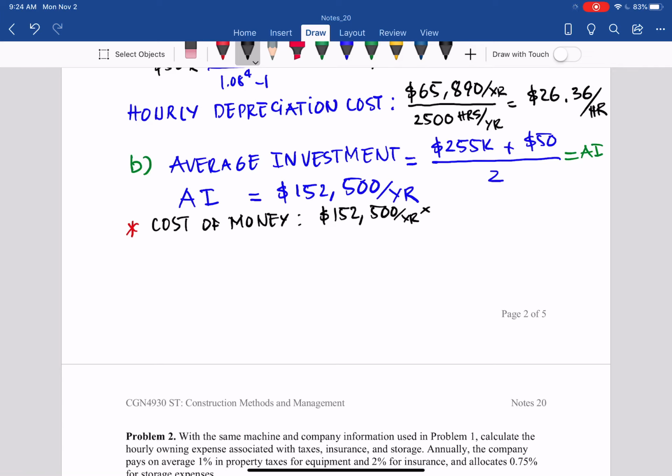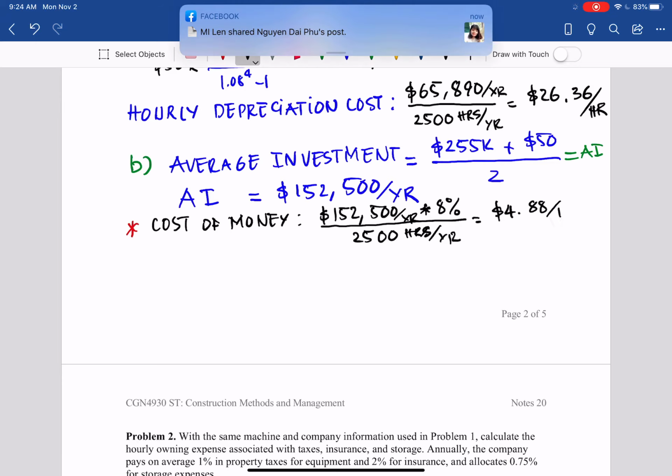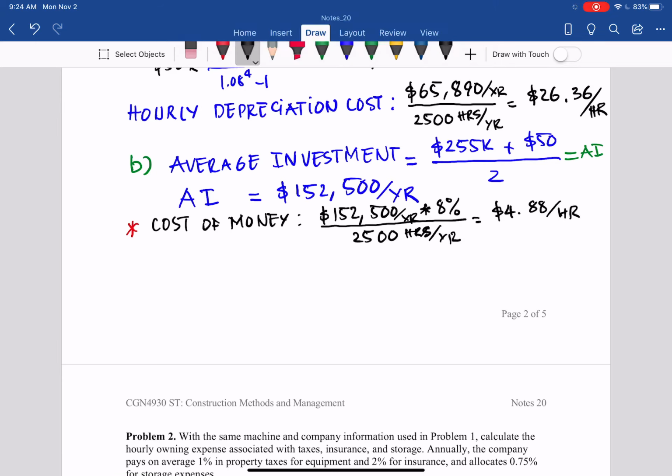The cost of money means how much we need to spend on interest if we have that average investment. So 8% is the interest, the cost of capital for this company. And then per hour, every year they operate 2,500 hours for this machine. So we have $4.88 per hour. That is the cost of money, the interest that you pay.